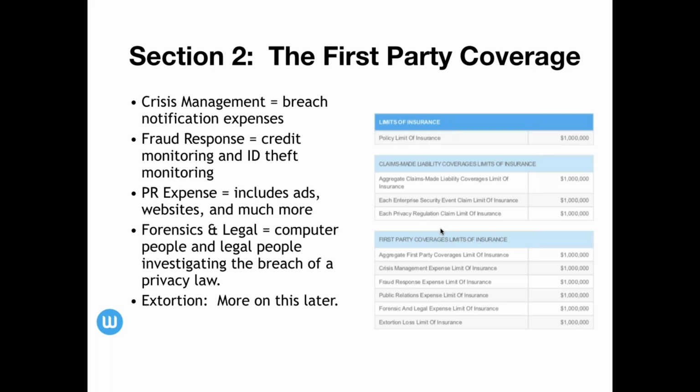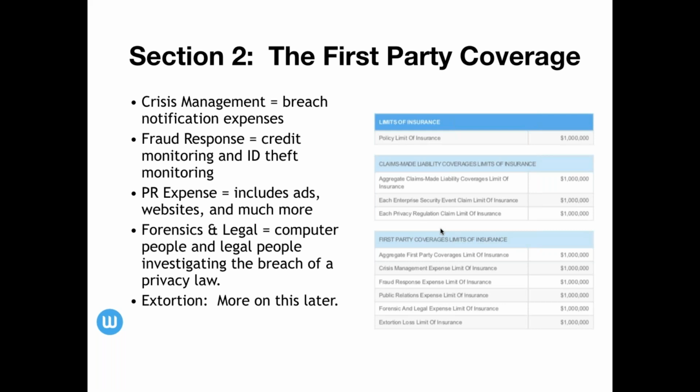The forensics and the legal are bringing in experts to your customer's office to make sure that whatever malicious code, whatever bad stuff is on their computers has properly been taken out, and the legal people will be there to see if they can figure out how the breach occurred and to make sure it doesn't happen again.